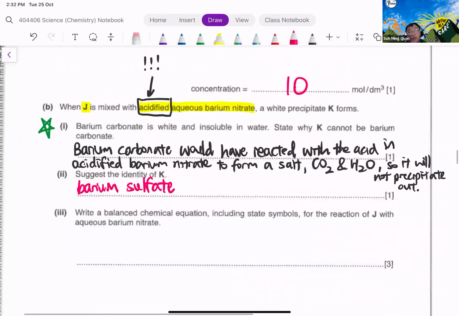So J is sulfuric acid. How do you know it's sulfuric acid? The question never says. How do I know that J is sulfuric acid? Because you know that it contains sulfate, and it's an acid. So which acid contains sulfate? Only H2SO4.